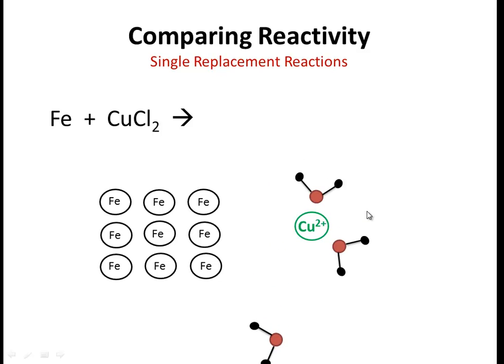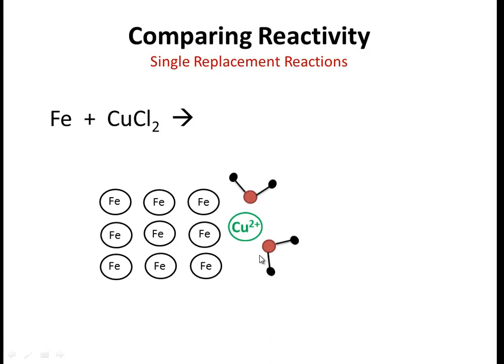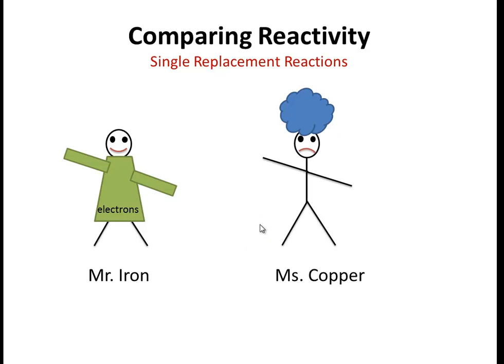To really make contact, it's got to shed that one water molecule. And so now we have the neutral iron atom in contact with the copper 2 cation. This is where the chemistry happens. Let's focus on these two.